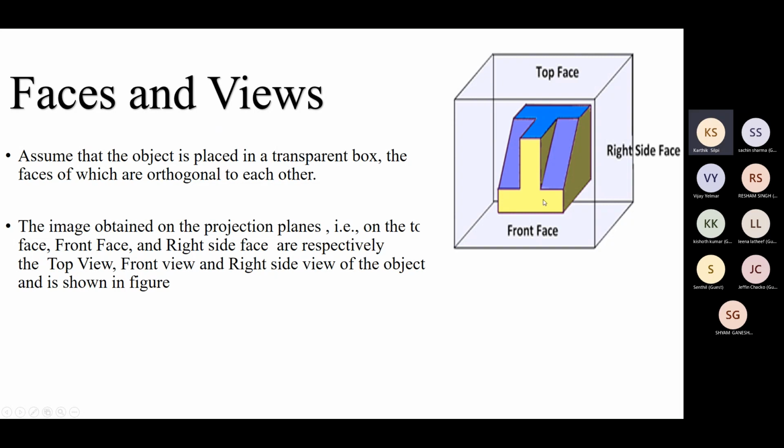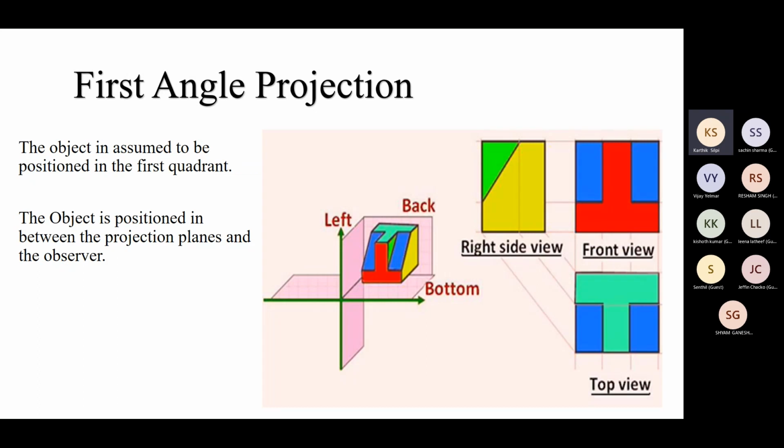These are your faces and views. Mostly there are 3 views: top view, front view, and side view, either right side view or left side view. If you're from an engineering background, you might be familiar with these concepts. These are called views.